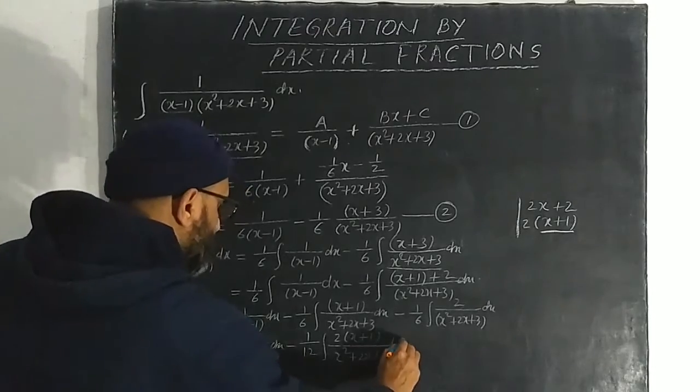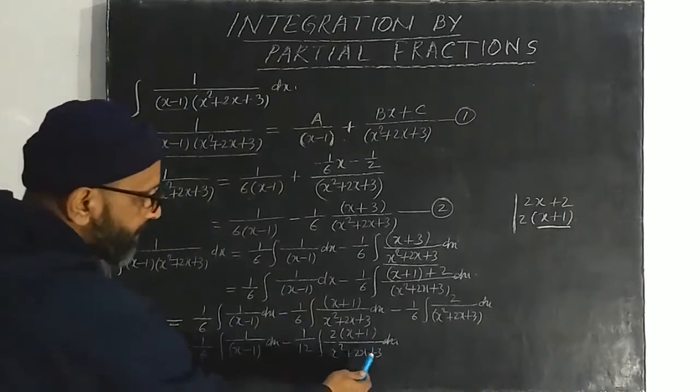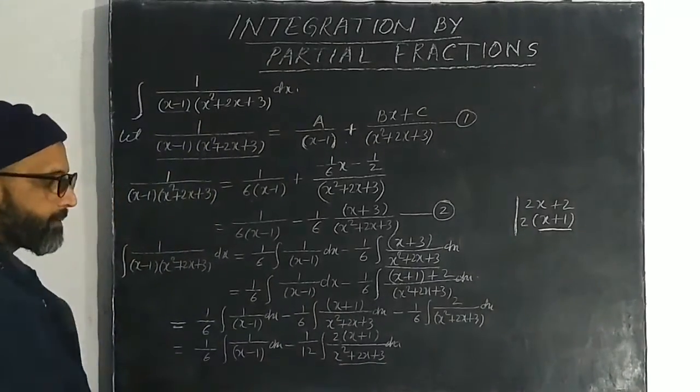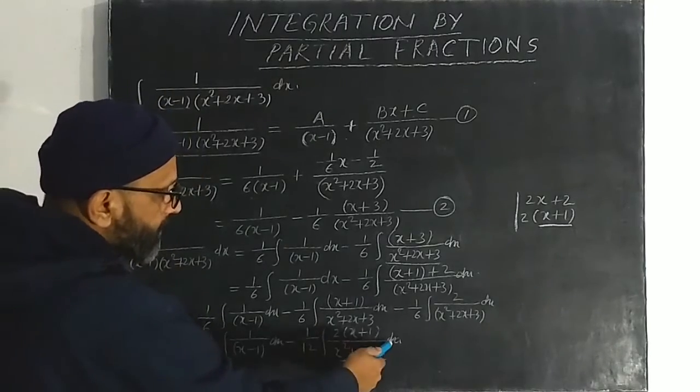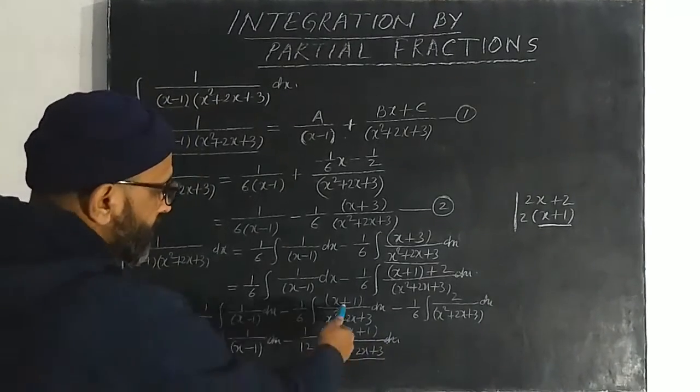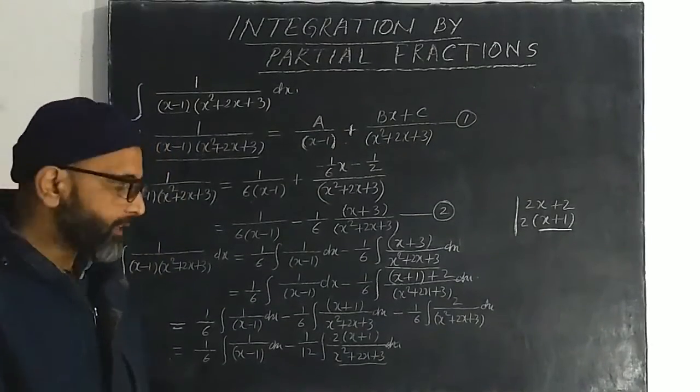To make the expression exactly equal to the differential of the denominator, so that we may assume the denominator as some other variable u, and it becomes du directly, and we get 1 upon u du, which may be integrated easily.